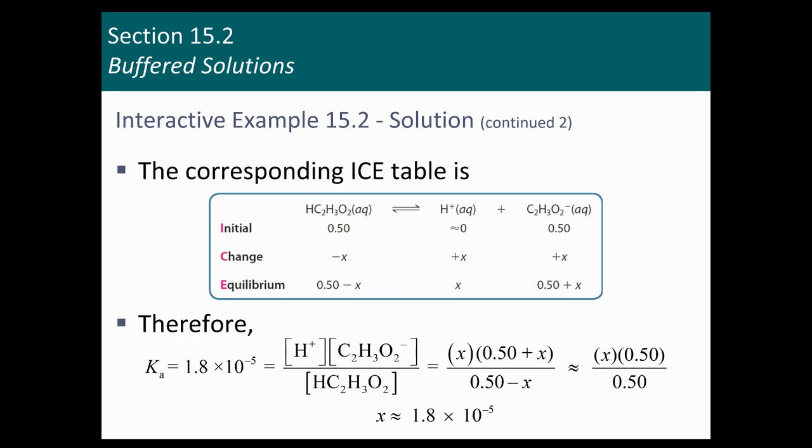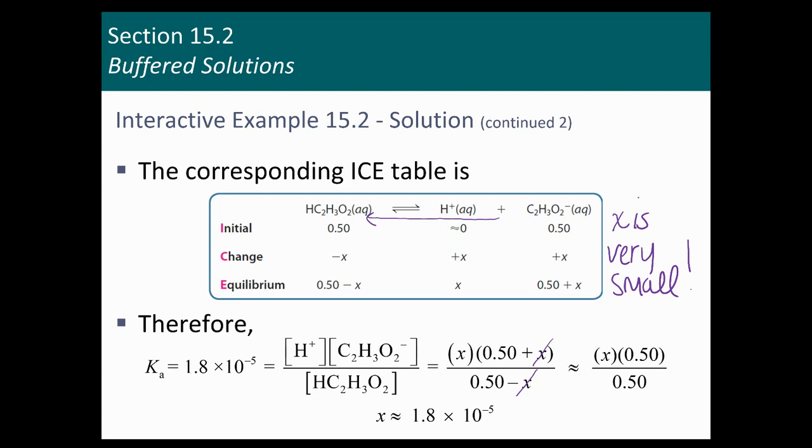Now here, this is the important part, because common ion effect means that it's going to shift the equilibrium back. X is very tiny. And this makes things so much easier, because then Ka will equal X times 0.50 divided by 0.50.